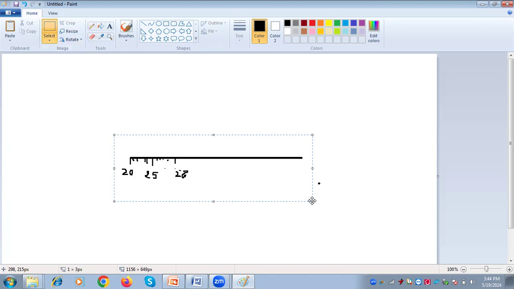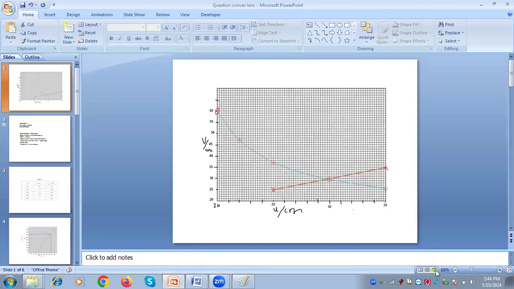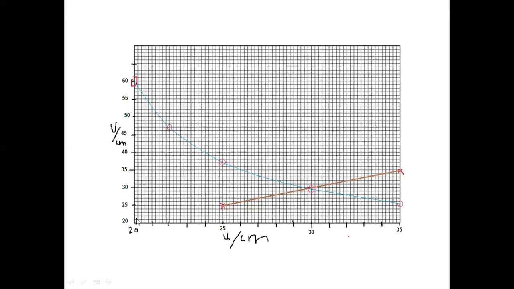So here you can see the graph which is plotted for you. 5 divisions: 20, 21, 22, 23, 24, 25, 26, 27, 28, 29, 30. It means each 5 blocks are taken equal to 1 centimeter, so one small block is 0.2 centimeter.